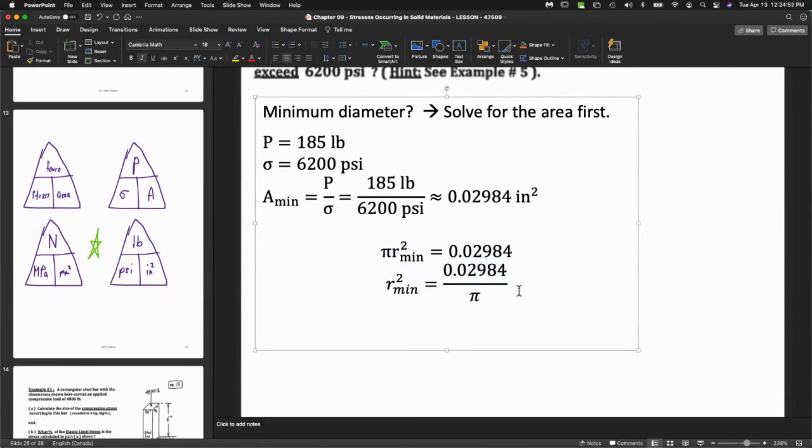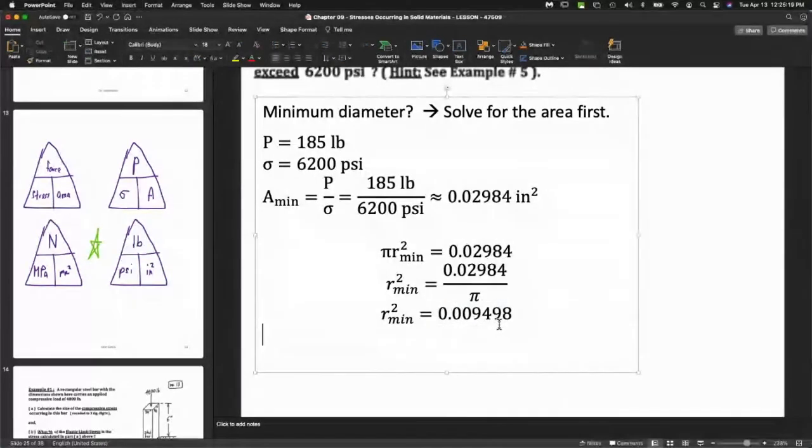Can someone do that calculation? 0.2984 divided by pi on their calculator. Thank you, Ram. Can you give me a little bit extra? It's okay. Like 9.5 or 9 what? A little bit more? 9.498. Thank you. Okay, so we have the minimum radius squared, and now you would square root that.